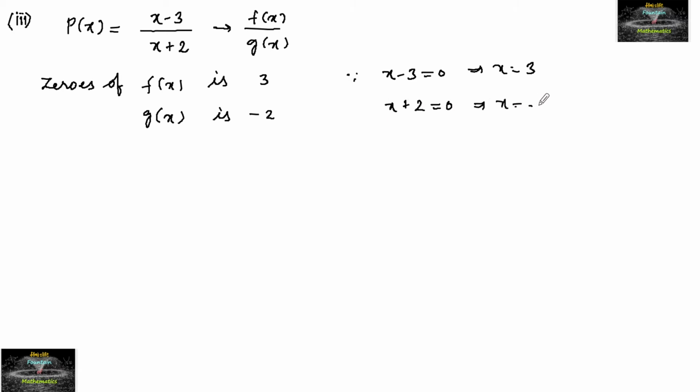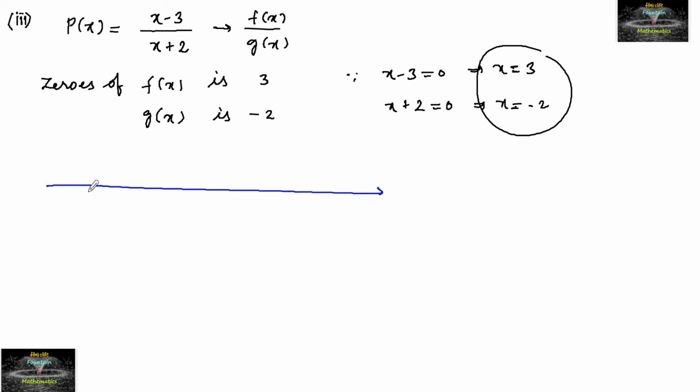The zero of f of x is only 3 and the zero of g of x is minus 2, since for x minus 3 equal to 0 we have x equal to 3, and for x plus 2 equal to 0 we have x equal to negative 2. So let us mark these roots on the number line, positive 3 and negative 2, in order, with minus infinity and plus infinity at the ends.